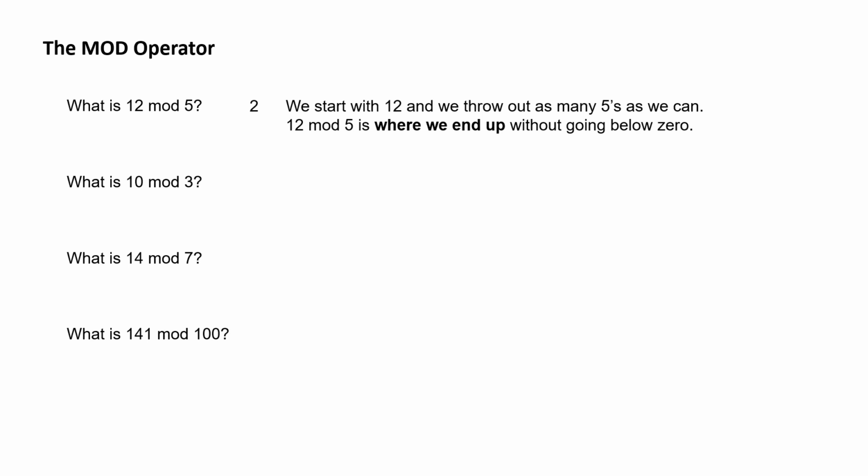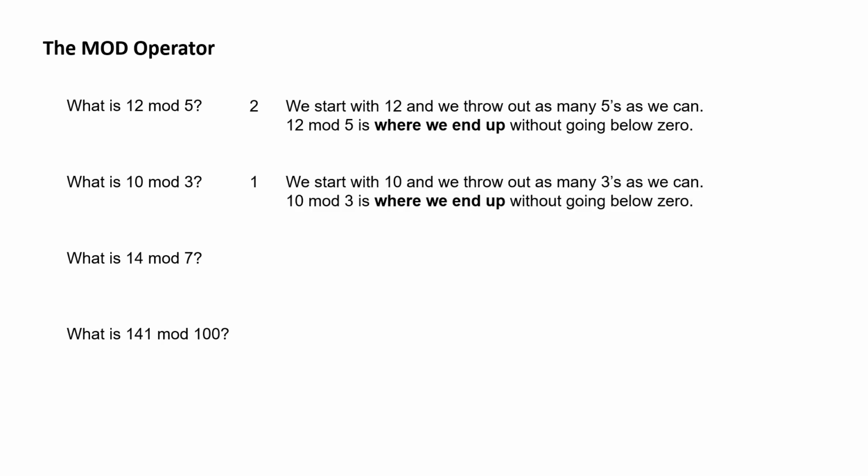I could throw out 10 and still be above 0, and I would end up at 2. So we start at 12, throw out as many 5s as we can. 12 mod 5 is where we end up without going below 0. So we would end up at 2. It's the remainder after we throw out some 5s.